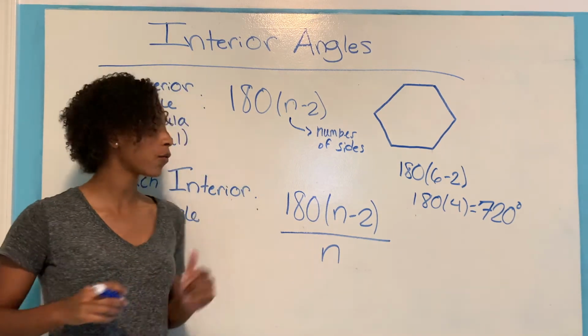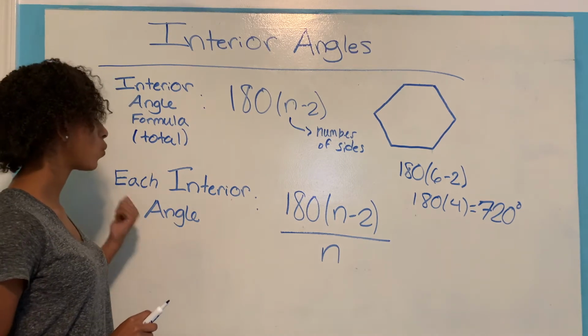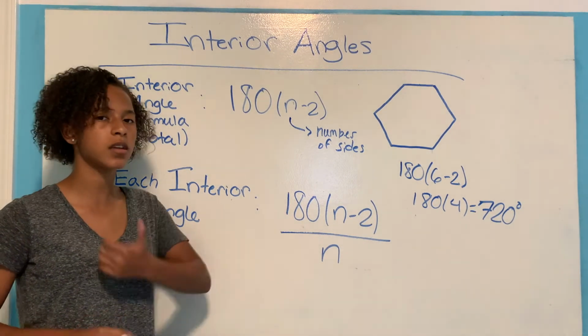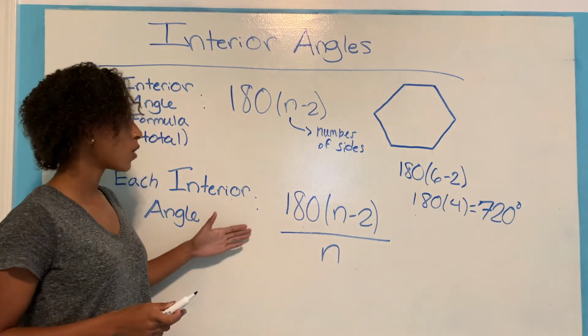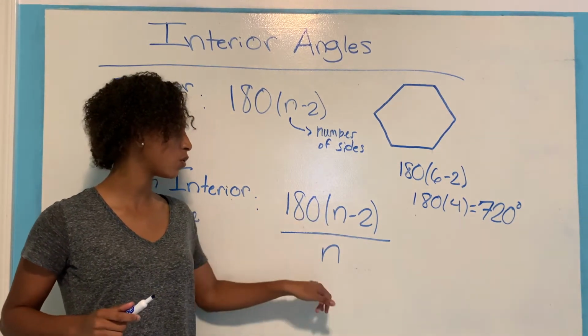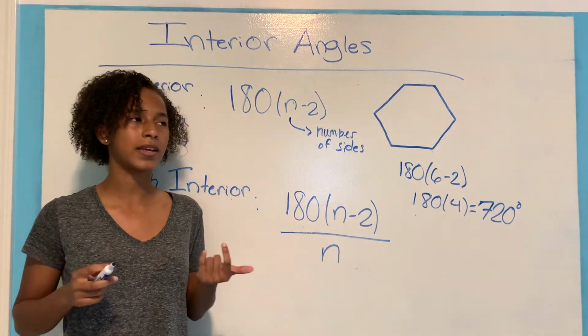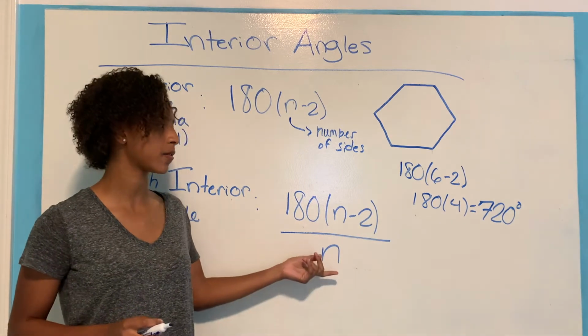All right, so the second formula that you're going to want to know for the SAT and ACT is to find out what each interior angle is in a certain polygon. So this is the formula for it. It's 180 times n minus 2 over n this time. All right, so it's slightly different, but if you start to break it down, it makes a lot of sense why it's like this.